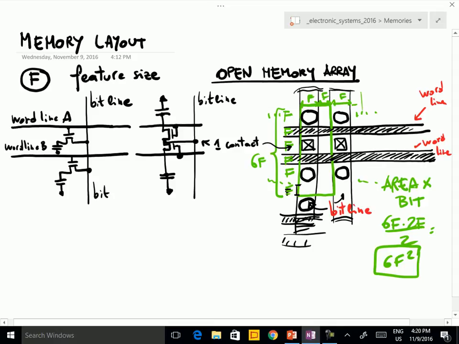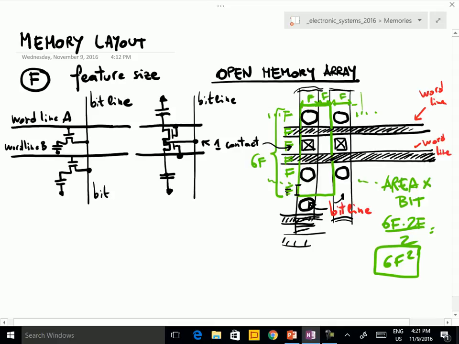If F is 0.1 micron, I can compute the area of 1 bit. If F is 0.32 micron, for example, I can compute the area of a bit, and therefore the density, the number of bits per unit area that I can have. This is typically the minimum size of a DRAM.